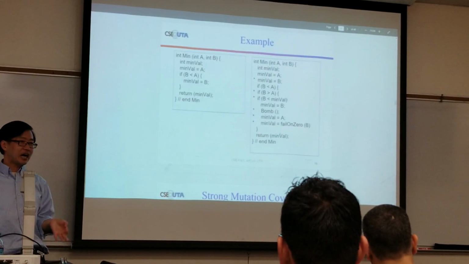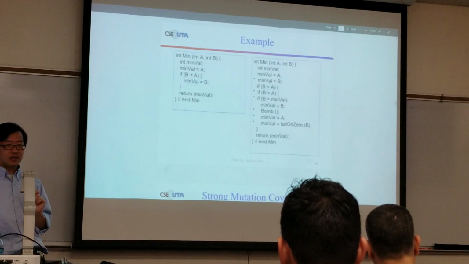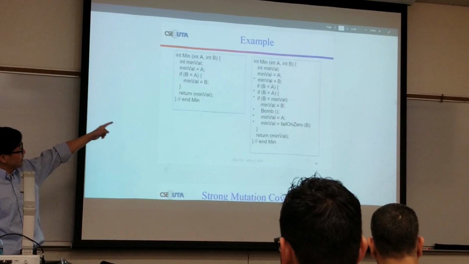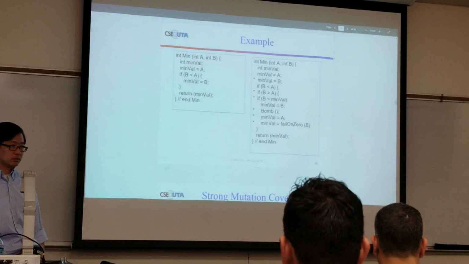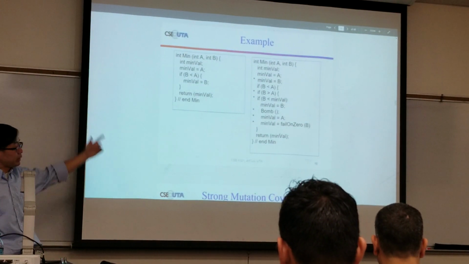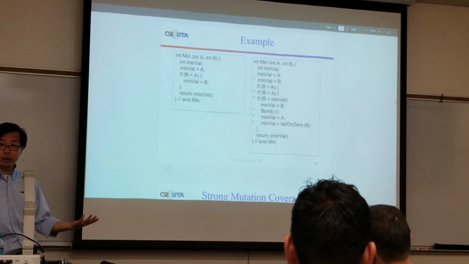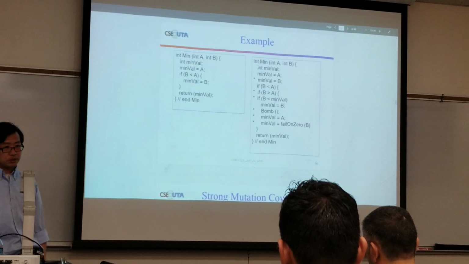So the terminology, if you read the literature, is that if you only make one change, it's called first order mutants. You only make one change each time, like in this case, you only replace A with B. That's the only change you make to create a mutant. You only replace the less than operator with a greater than operator. That's called first order mutants.